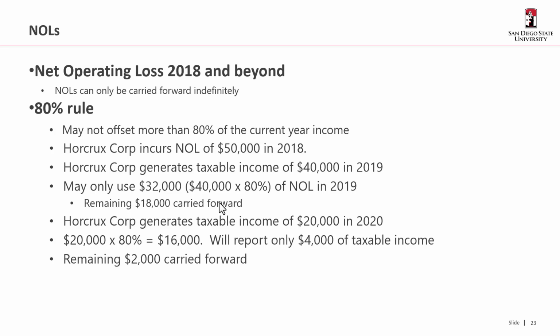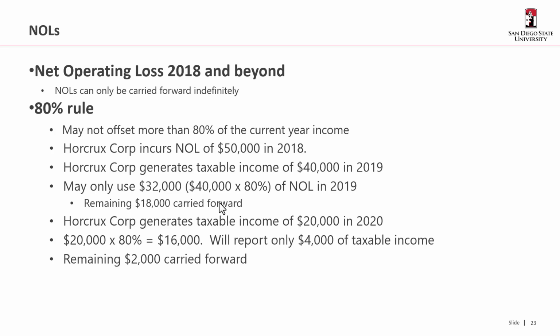So they're like, oh, great, I want to use our NOL to offset that 2019 income. But because of the 80% rule, they can only offset 80% of 40,000, or 32,000. So they'll use 32,000 of that NOL, which would leave 18,000 to carry forward into 2020 and beyond.